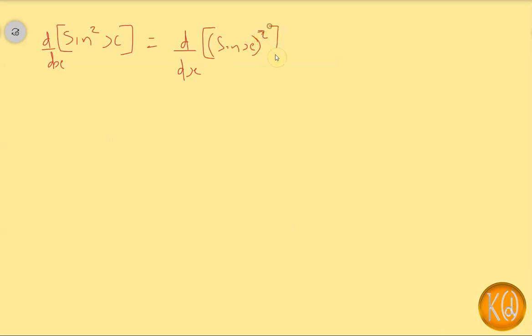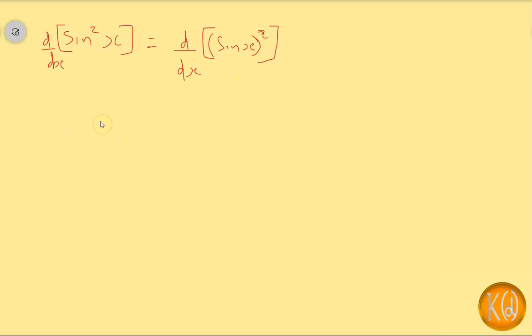So saying sine squared x is basically saying the sine of x squared. Likewise for sec squared, cosec squared, tan squared, cos squared. That's basically the basic gist of it. Okay, now let's proceed to differentiating sine squared x.